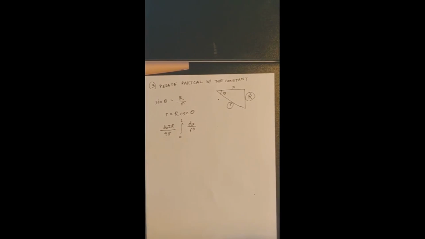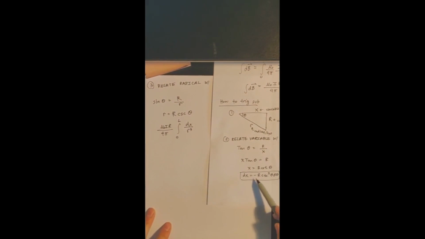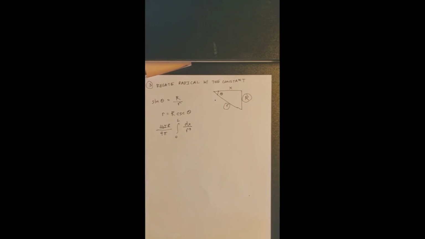Because we have everything we need to replace every term in here, for example, we know what dx is. dx is just going to be negative R cosecant squared theta d theta, while our tiny r will just be R cosecant theta.